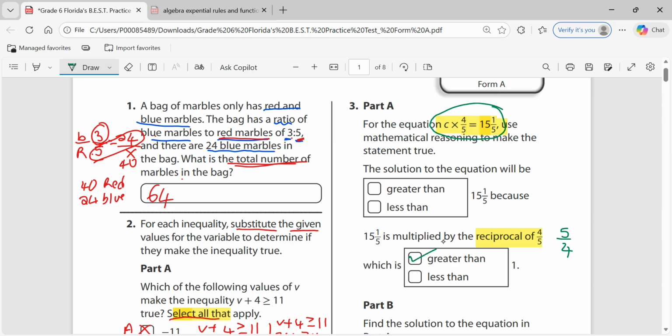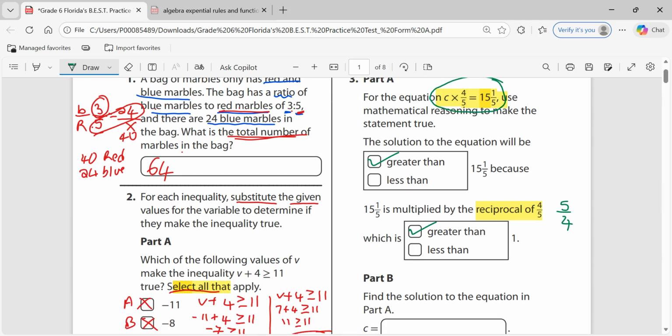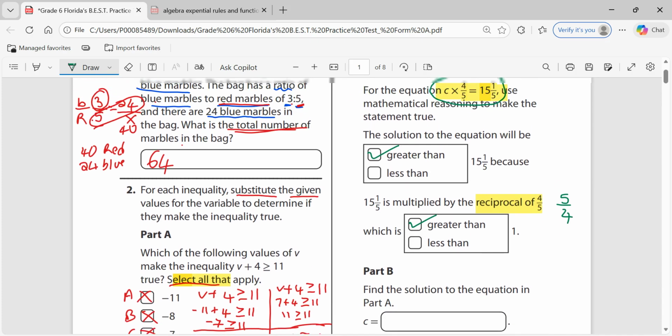It's greater than, because that's 1 and 1/4. So the solution to the equation will be greater than 15 and 1/5, because this is greater than 1. And if you're multiplying anything with a number bigger than 1, it's going to be bigger than itself, right? So now we want to actually calculate it.